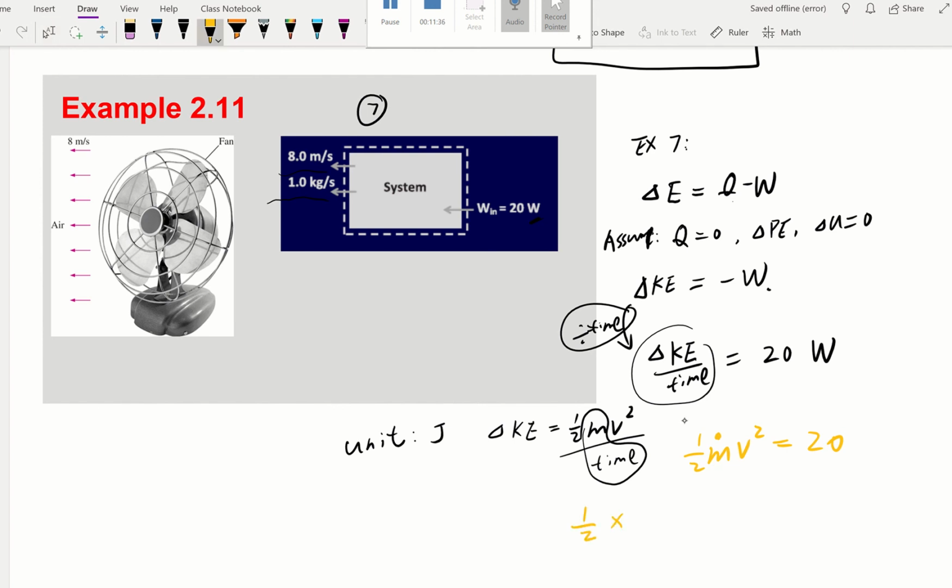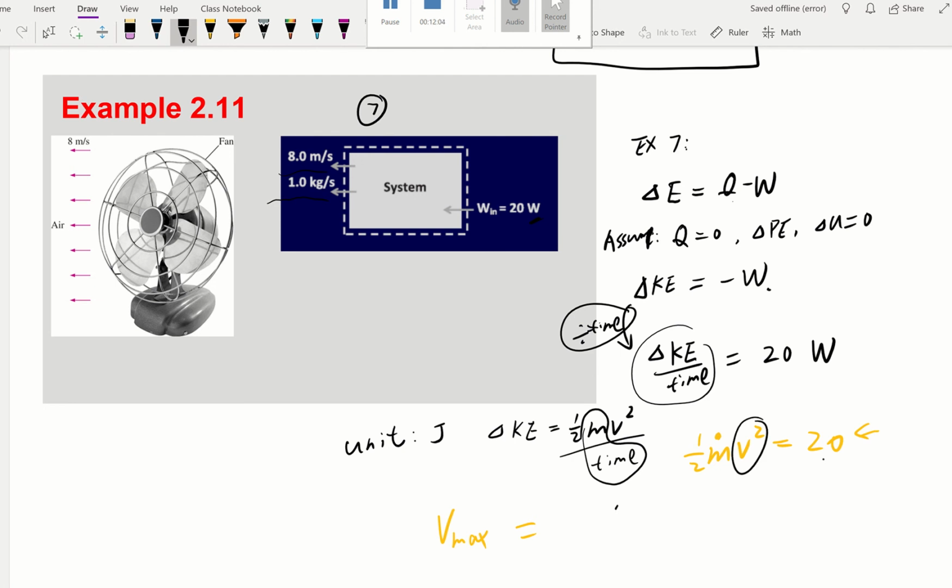So if all of this is conserved, what is the maximum speed you can get? That's what we're trying to find. If this is the situation, what is my maximum flow speed that I can potentially get? So I'm going to use 20 times 2.